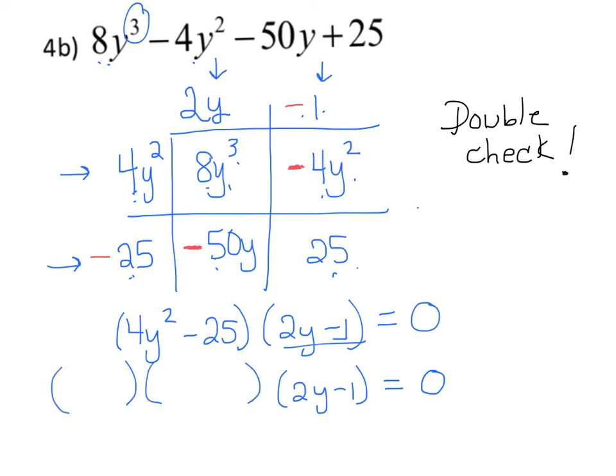But in the meantime, here's two sets of parentheses. What times what gives you 4y squared? 2y and 2y. And 5 times 5 is 25. And if we put one plus and one minus, then they will cancel out to give you 0 in the middle. So now we have 3 factors and we have our final answer.